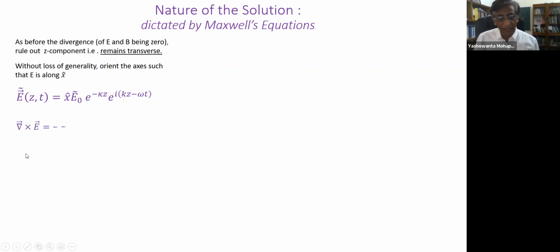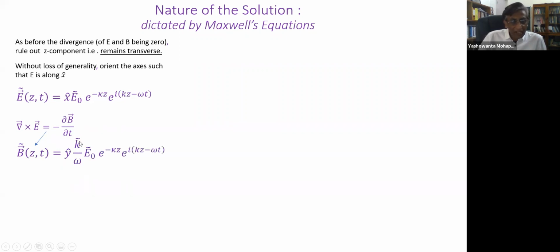And then I can write down del cross E, and that will be minus del B by del t, and that will give me my B. So B(z,t) will be now in the y hat direction, and because of the del B by del t, I have now K tilde by omega, e to the power minus kappa z, e to the power i(Kz minus omega t).